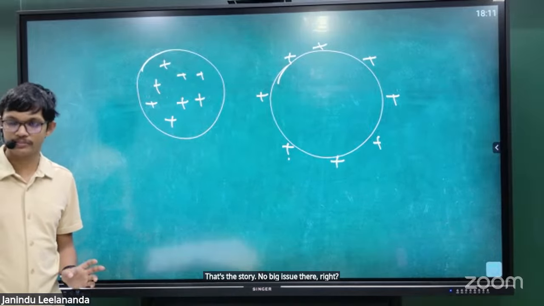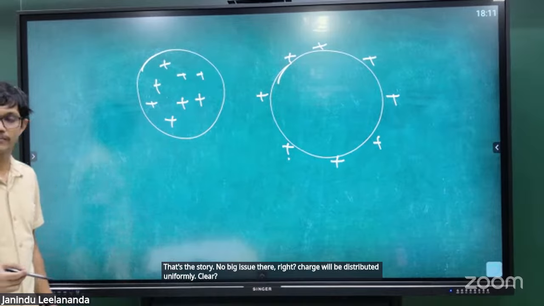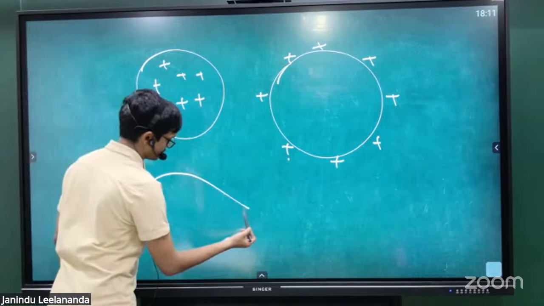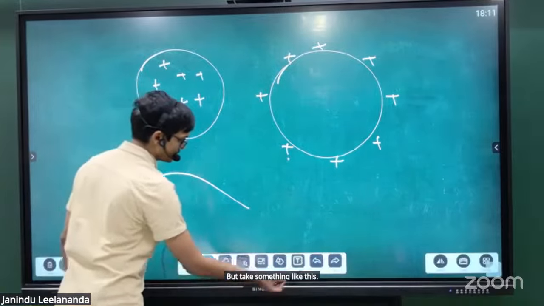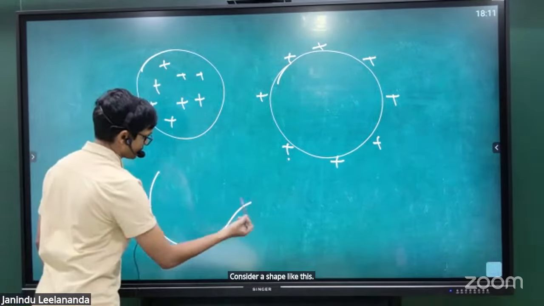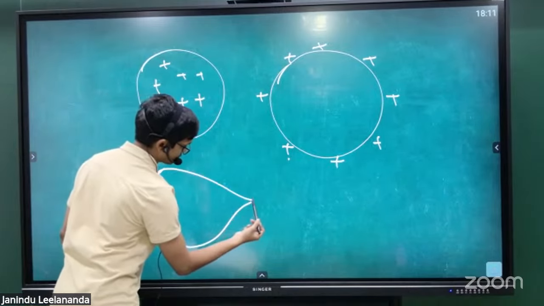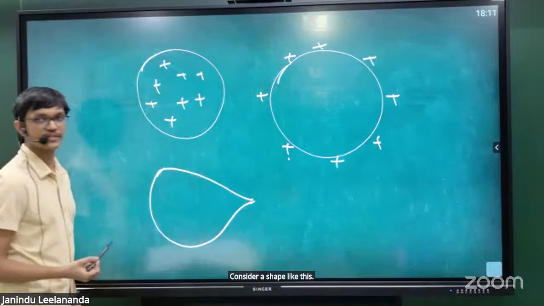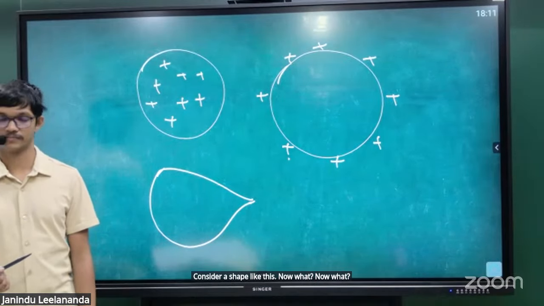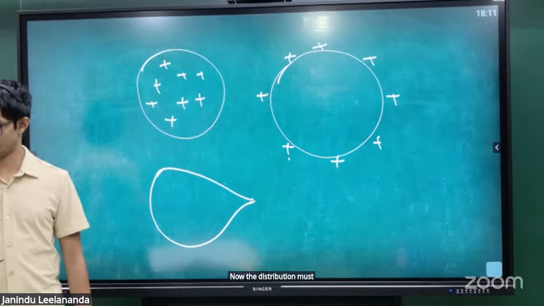Charge will be distributed uniformly. Clear? But take something like this. Consider a shape like this. Now the distribution must change.